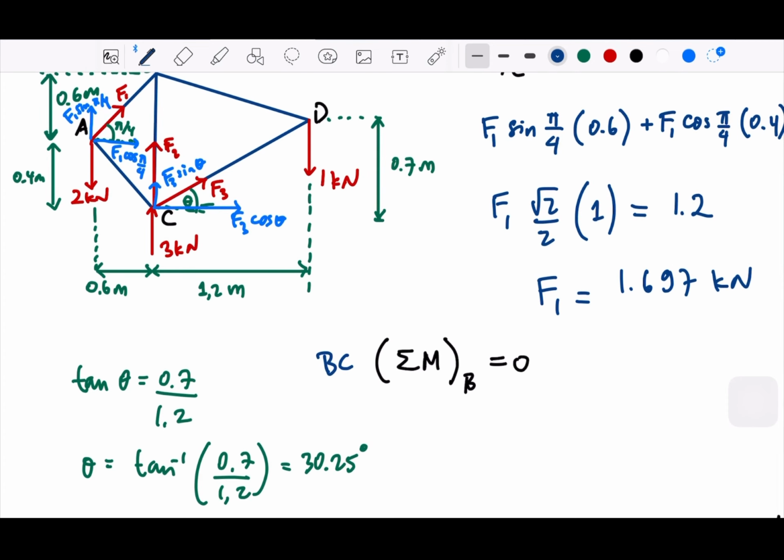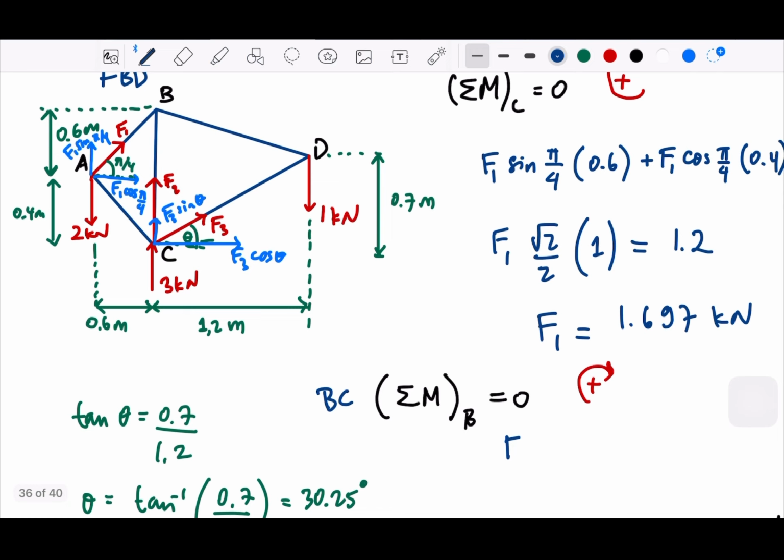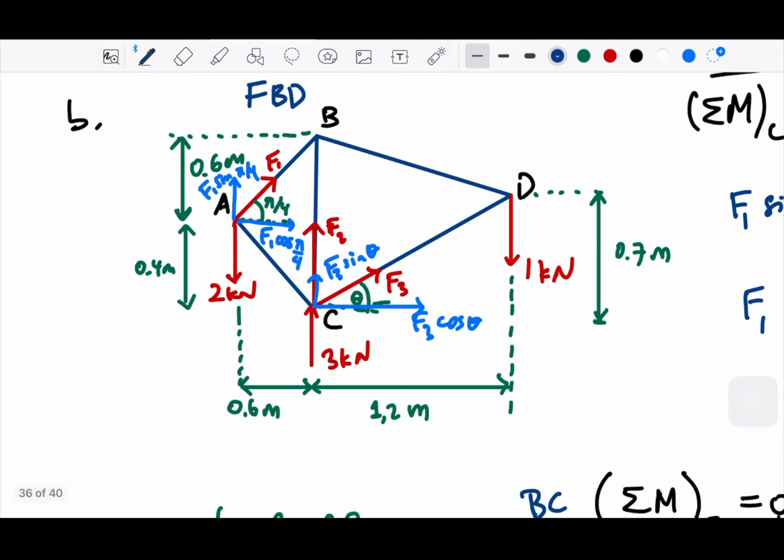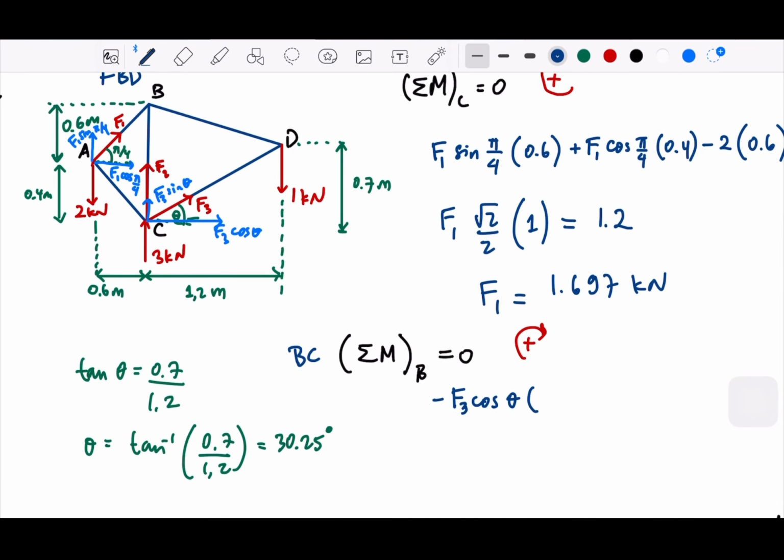We are going to take the F3, and let's say we are going to have clockwise positive. So F3 to B is going to be counterclockwise, so F3 cosine theta. Okay, F3 cosine theta, and the distance is 0.6 plus 0.4, which is 1 meter. That's the first one.